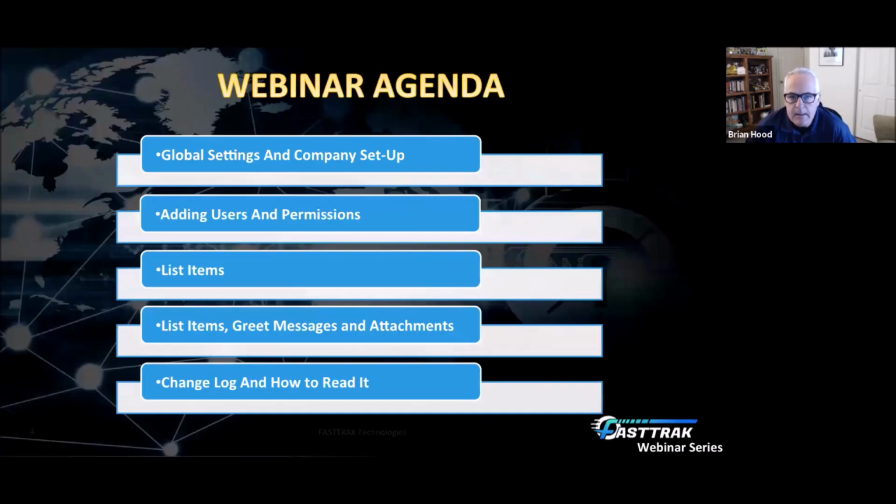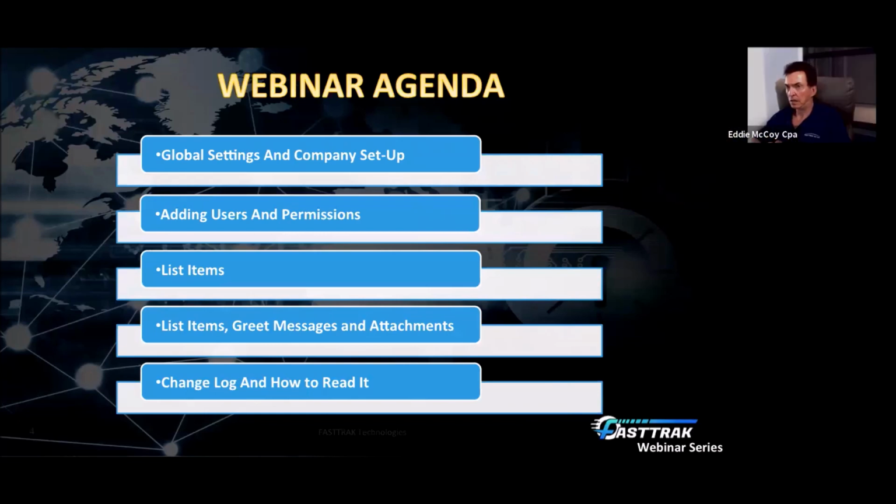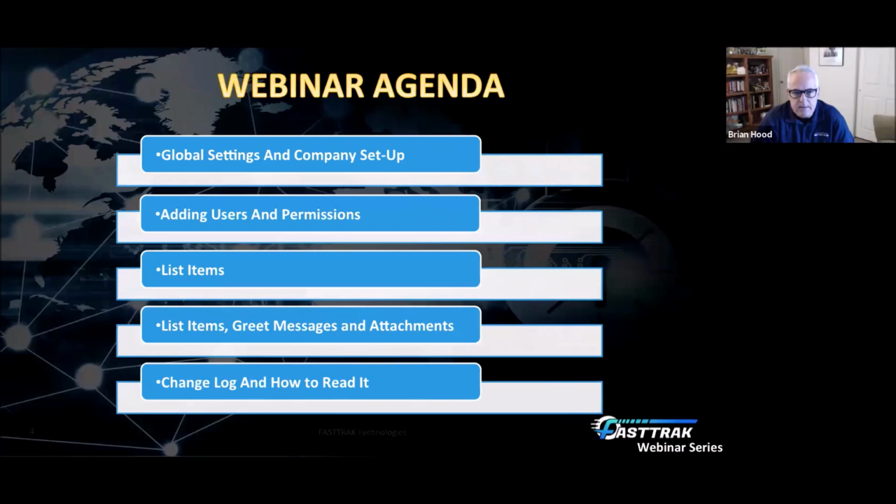So today the agenda is going to be, we're going to go over the global settings and the company setup, adding users and permissions, how you set them up, how you can adjust their permissions. I'll explain both the Ultimate and Express side on this. List items, we'll go over the various list items that you can add to the program. I'll show you where they appear within the reservations.